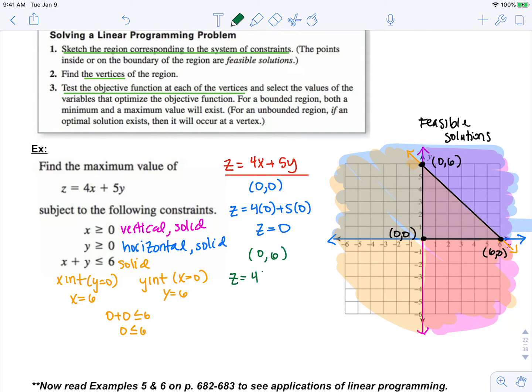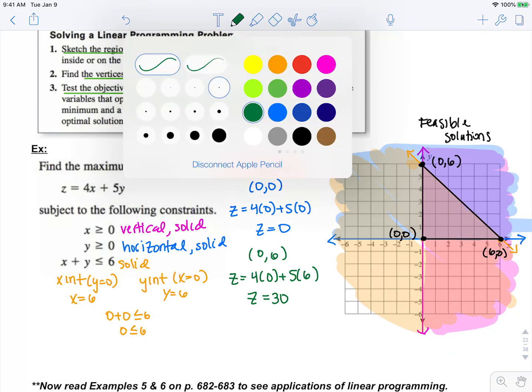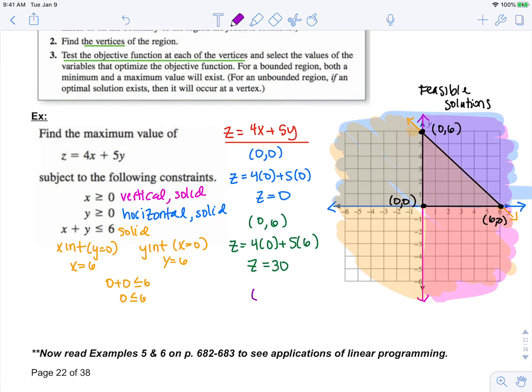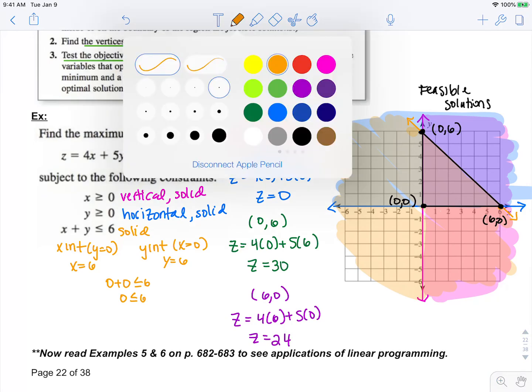Z equals 4 times 0 plus 5 times 6. Z equals 30. The next point I can check is 6, 0. Z equals 4 times 6 plus 5 times 0. Z equals 24.